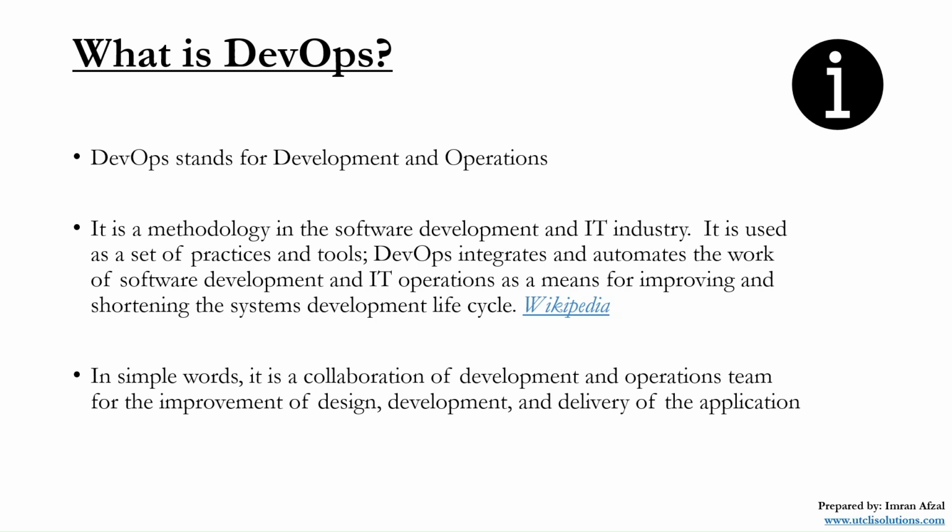All right, so what's the purpose? The improvement of designing, development, and delivery of the application or software that is being built to support the company's workflow. That's a very simple way to define DevOps.